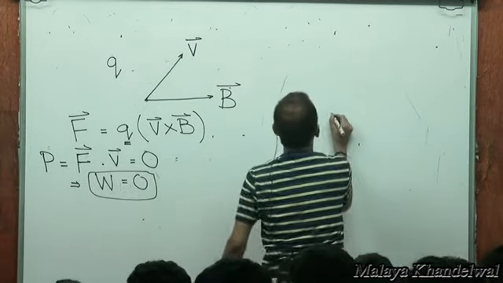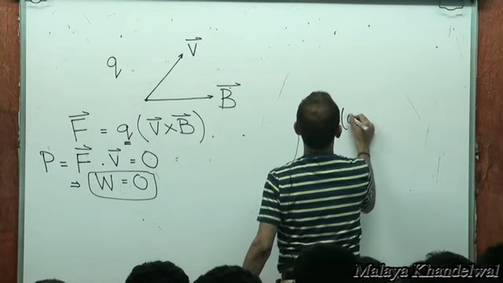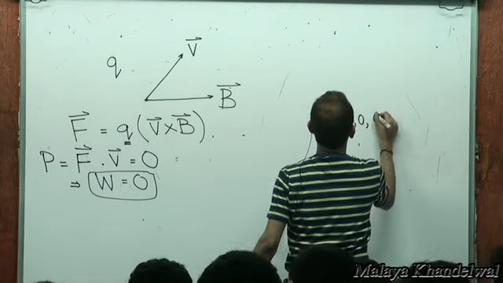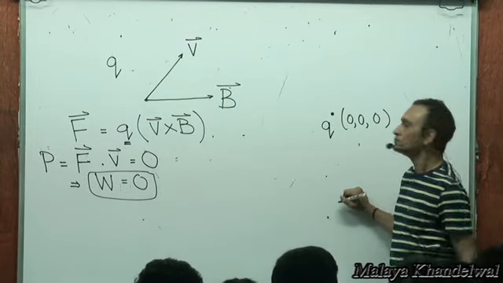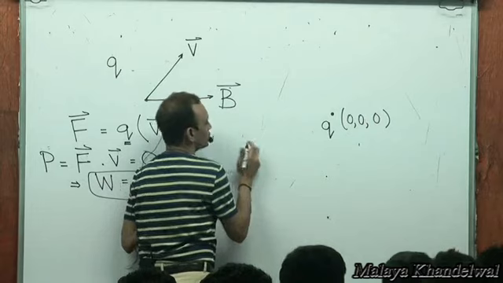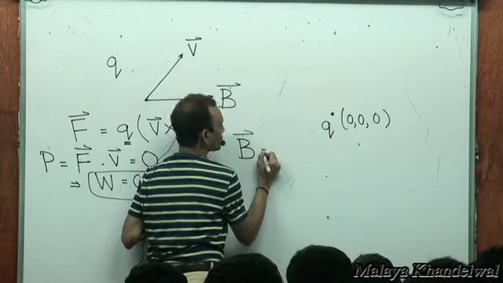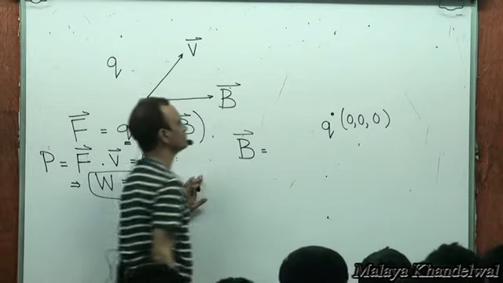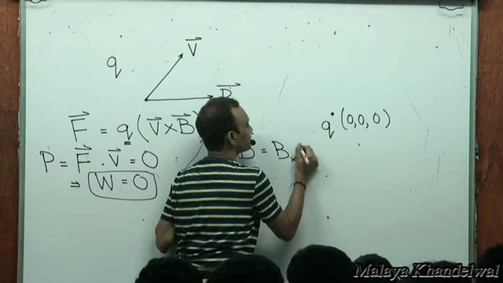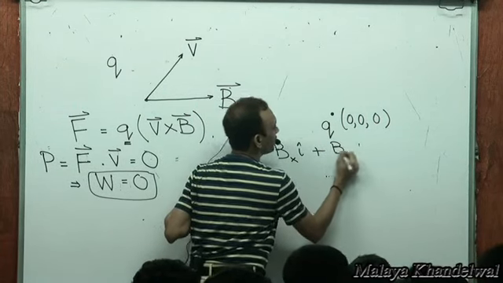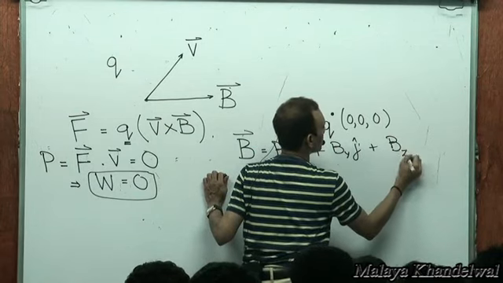Say there is a charged particle Q at the origin, and it is subject to a magnetic field B, say Bx i cap plus By j cap plus Bz k cap.